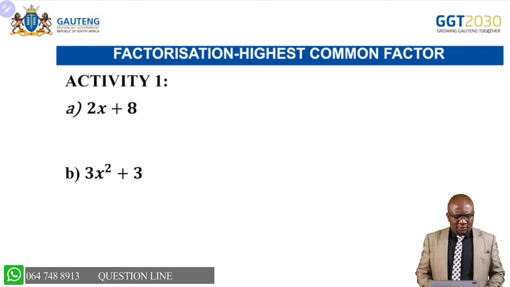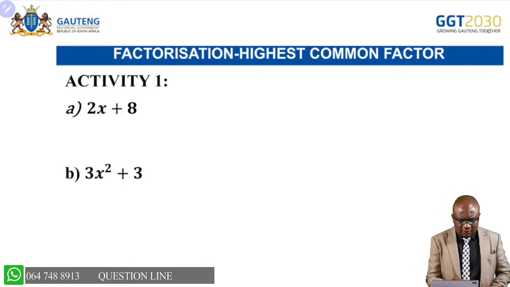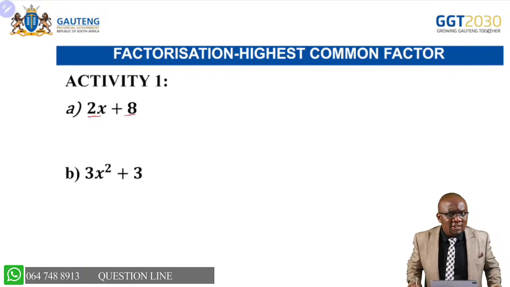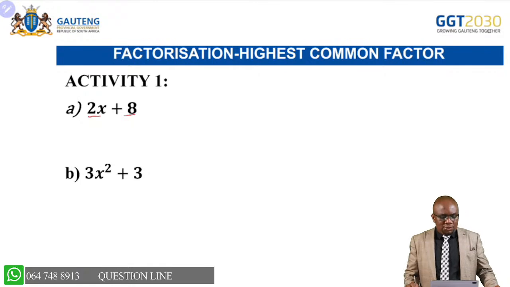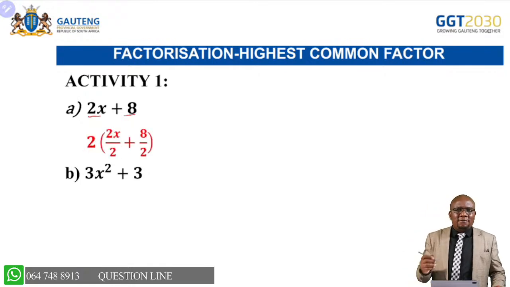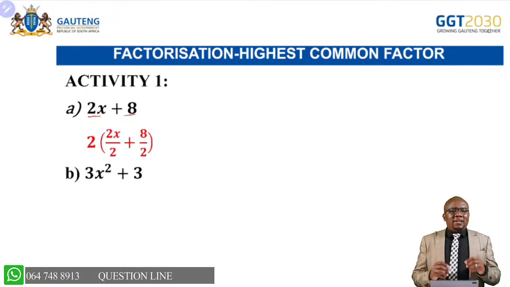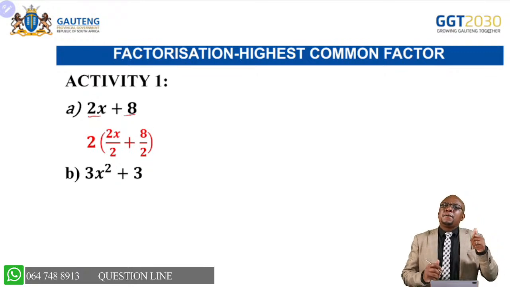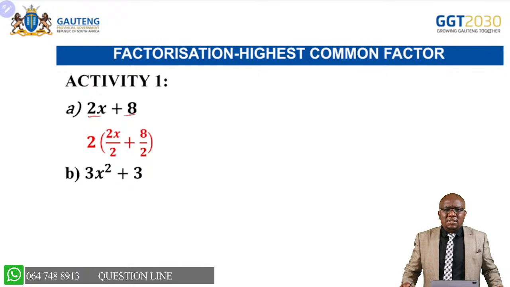What did you do with A? What is the highest common factor? There are two terms here, 2x and 8. What is the highest common factor? It is 2. We put 2 outside the bracket like this, and then we divide what is inside by it. But if you can do your factorization without this step, perfect. Don't stress about this step.